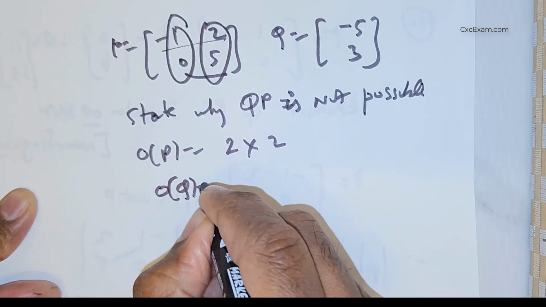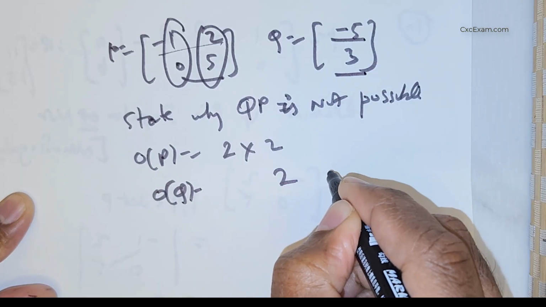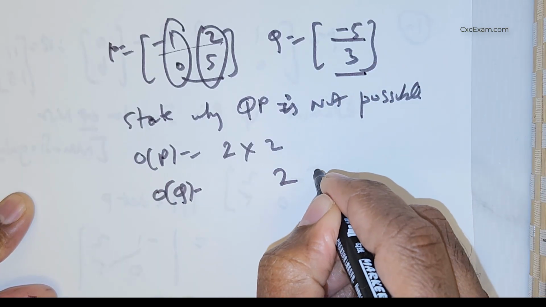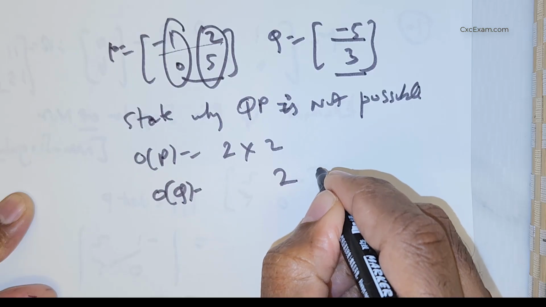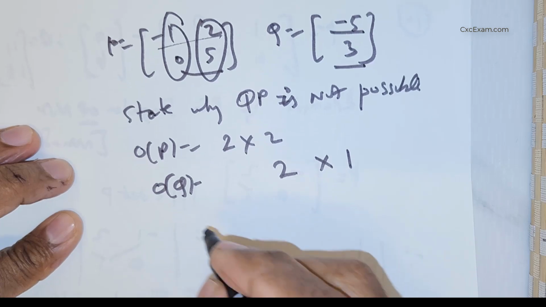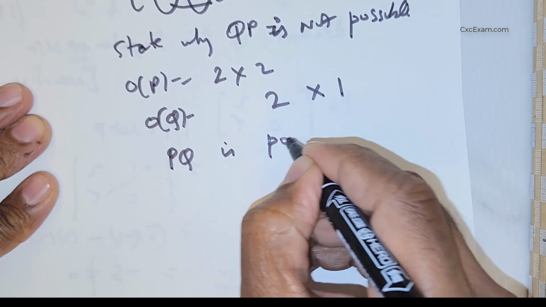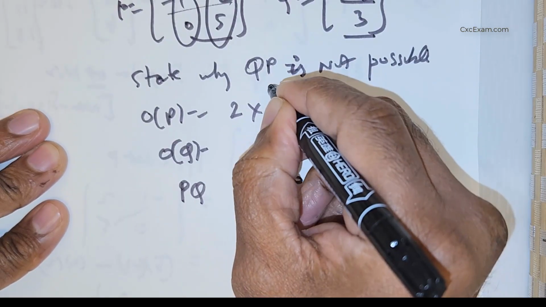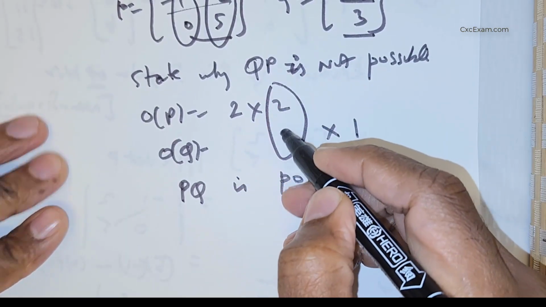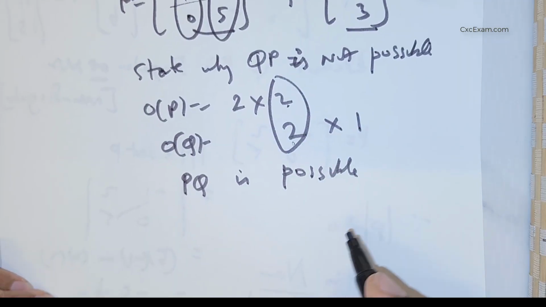Now order of Q is 2 rows, right? And you have 1 column. Okay, fair enough. So PQ is possible. Why? Because the column order and row order match.